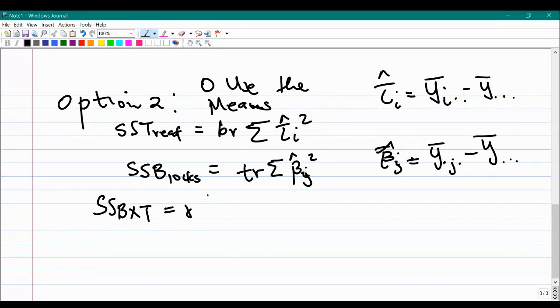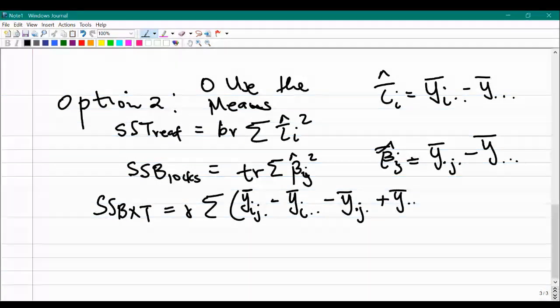It's R summation of, I think it's Y ij dot mean minus yi dot bar minus y bar dot j. This one is time consuming, to be honest. I want to be honest with you. So this formula is going to take a lot of time. I think it's squared here.